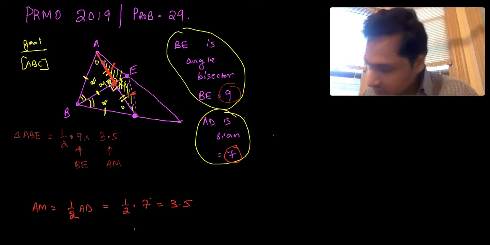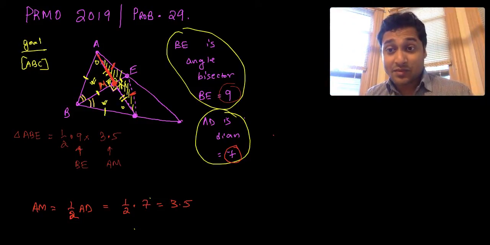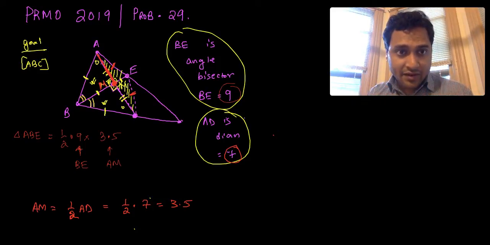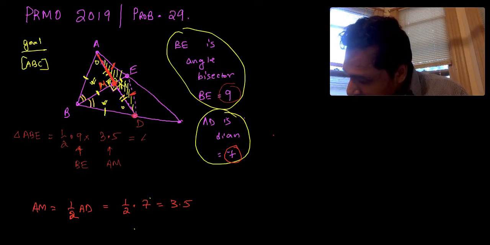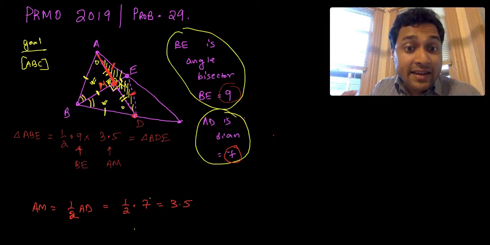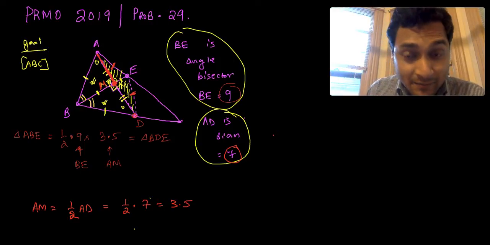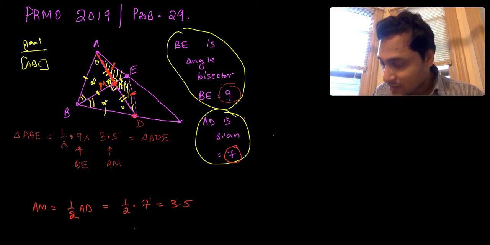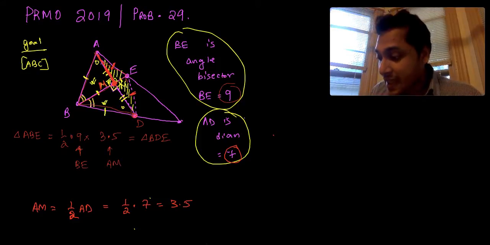So 9 times 3.5 times half is the area of triangle ABE, and that is in fact the area of triangle, let's call this point D, BDE, because ABE and BDE are congruent triangles, and congruent triangles have equal area.